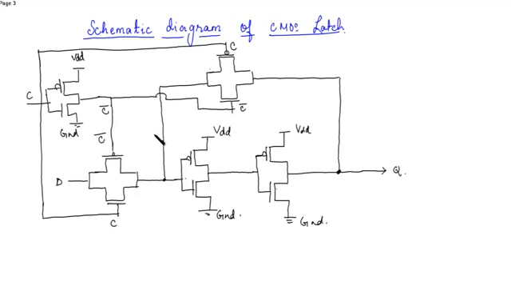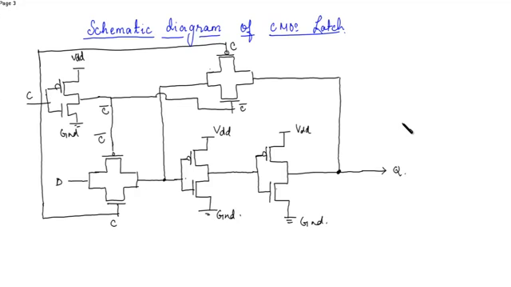Now, if you see the operation of this schematic diagram, then let's first discuss what is the function of a standard D latch. A standard D latch, which is a level control flip flop, can be built from 4 2-input NAND gates.